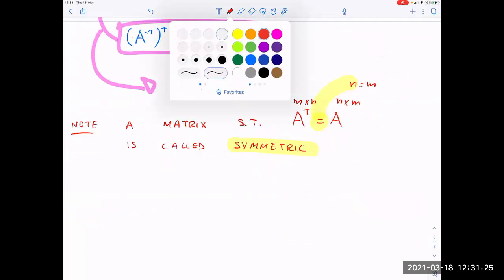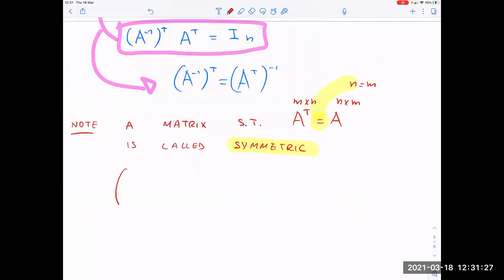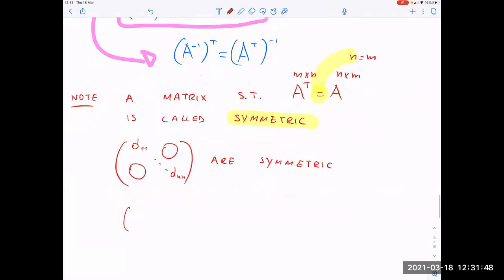That's perfectly true. And if you want examples of symmetric matrices, diagonal matrices are symmetric. So diagonal means symmetric, but there are also matrices which are not diagonal, but are symmetric anyway, right?